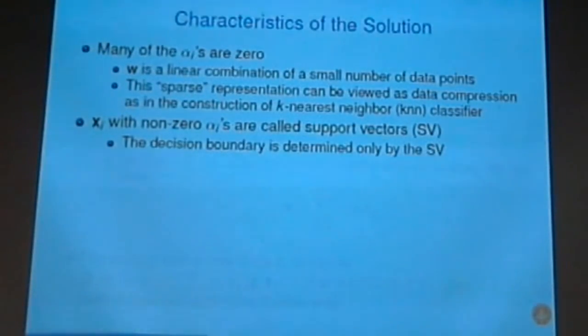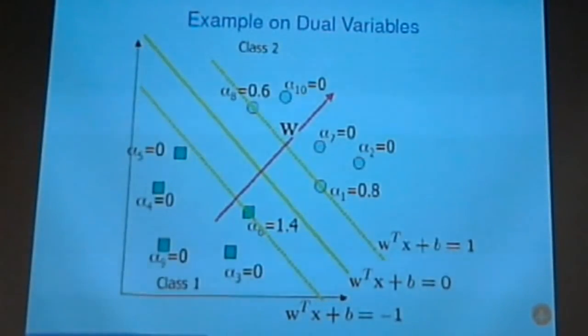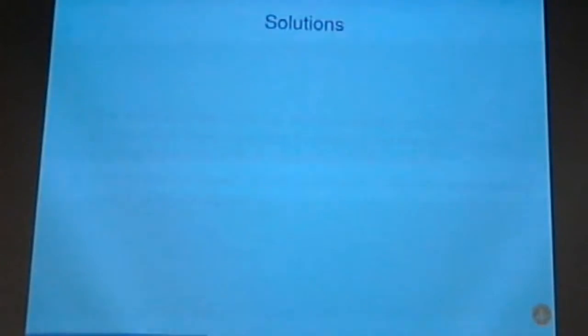Like in this example, the decision boundary only depends on these 3 support vectors, not on the rest.